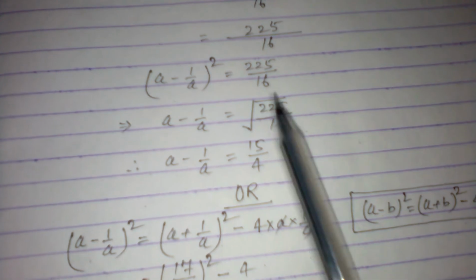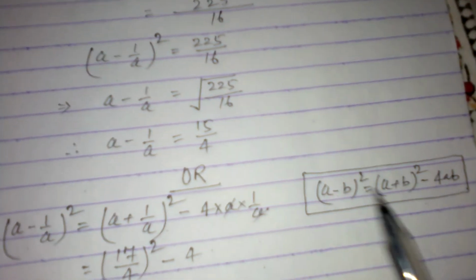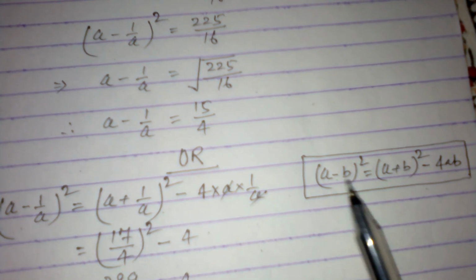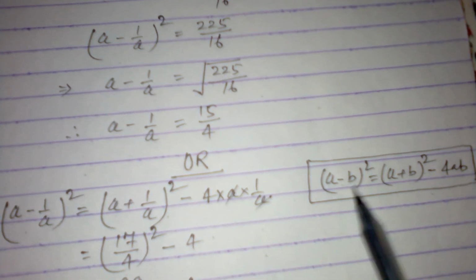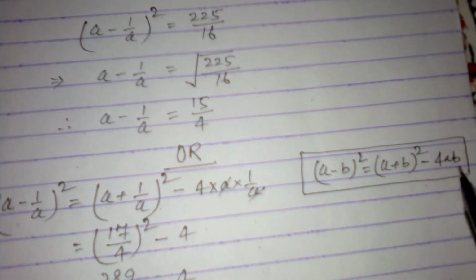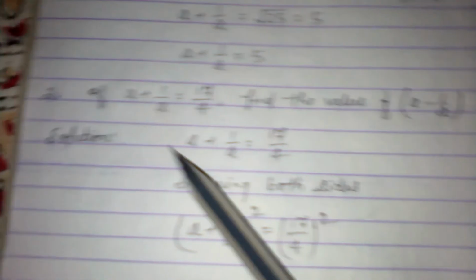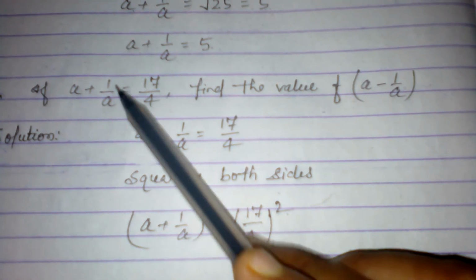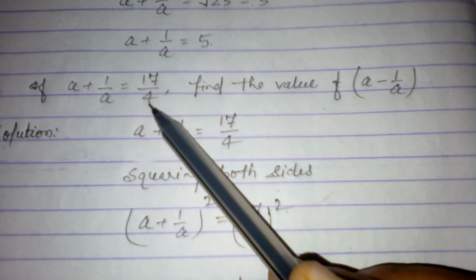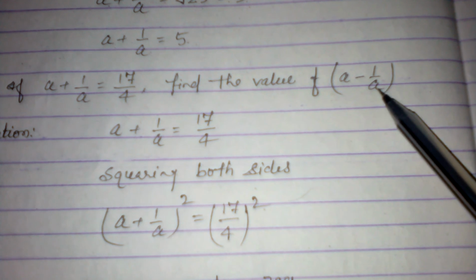Students, this question can be solved by this identity. We know that a minus b whole square is equal to a plus b whole square minus 4ab. In this question we have a plus 1 upon a is equal to 17 upon 4. Find the value of a minus 1 upon a.